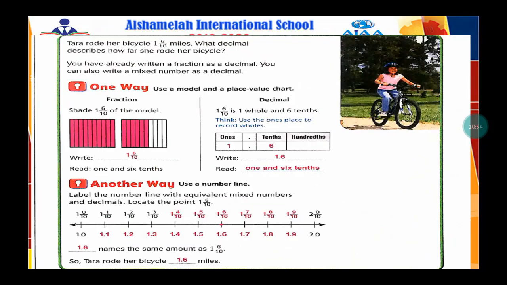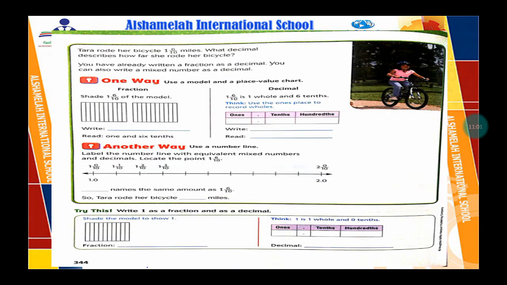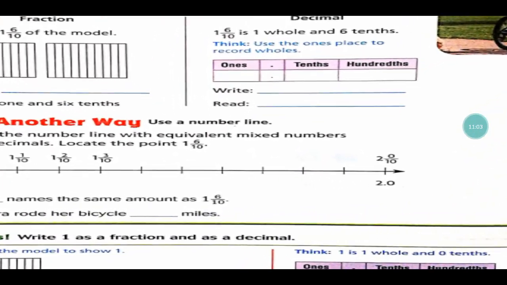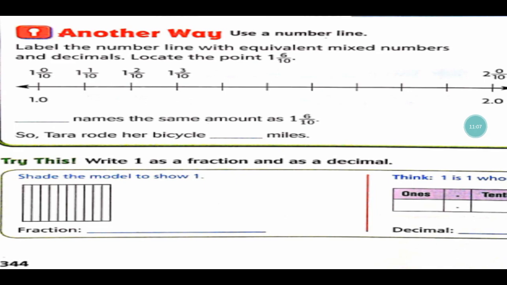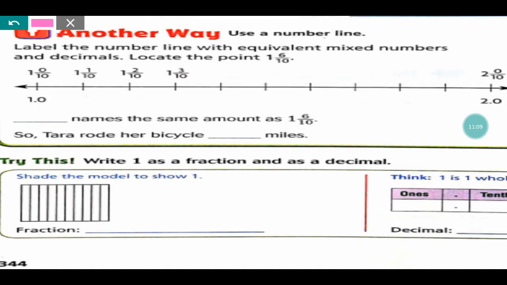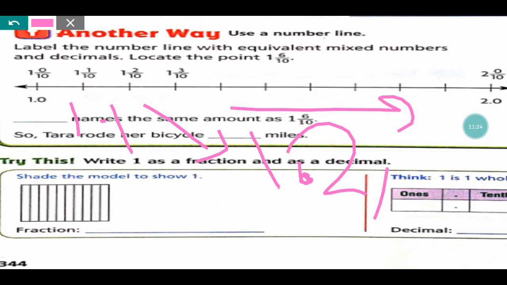Now we can check the answers, okay. Here are your answers. Now we will solve another way using a number line, okay. 1 and 1/10, we write it as what? As 1.1. And 1 and 2/10, 1.2, and so on, okay.